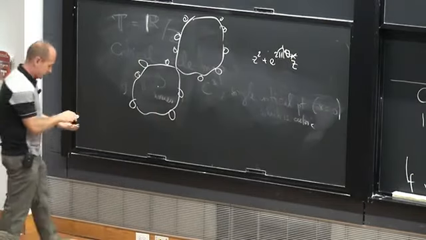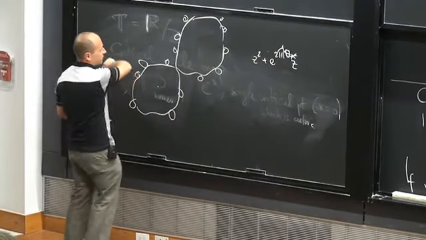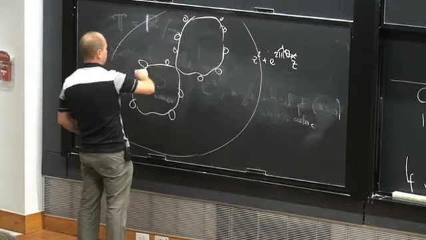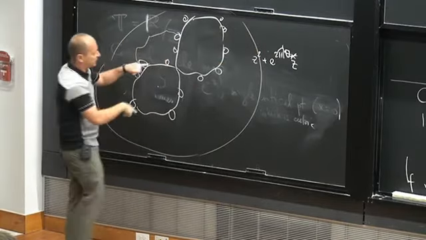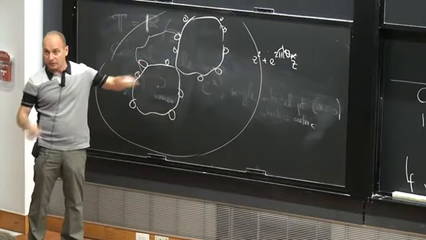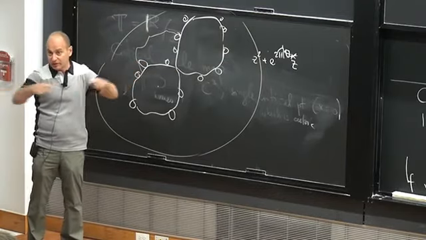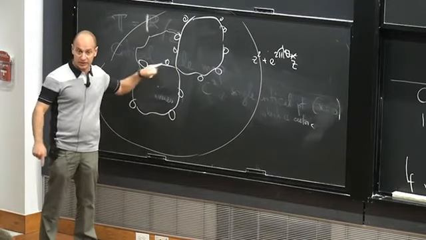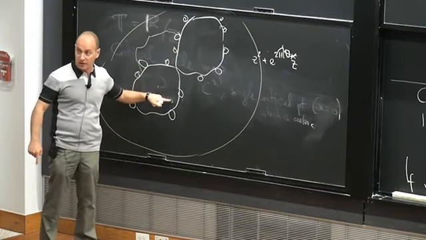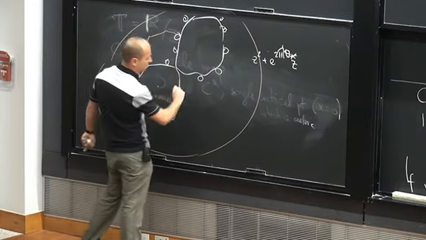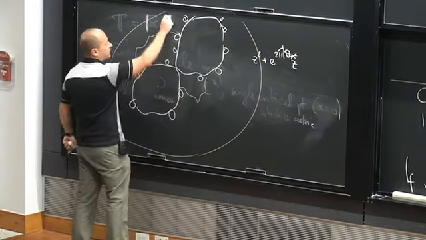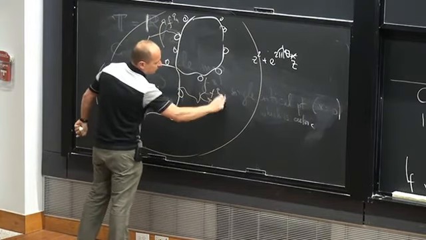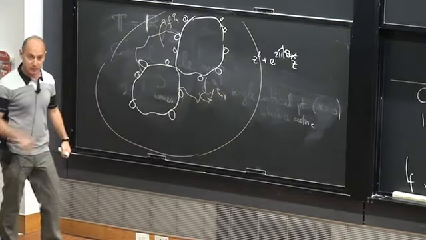And so what you get, instead of an invariant interval, you have an invariant arc of the quasi-circle, which is the boundary of the Siegel disk, and you still have appropriate extensions of iterates to the complex plane.